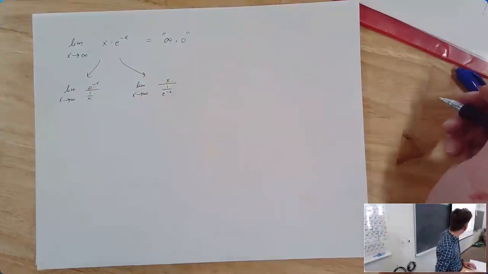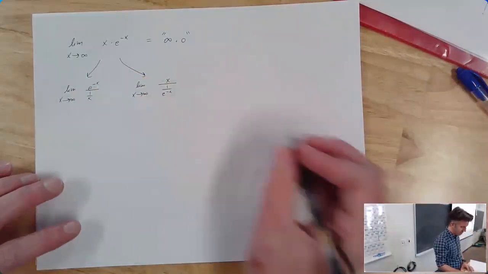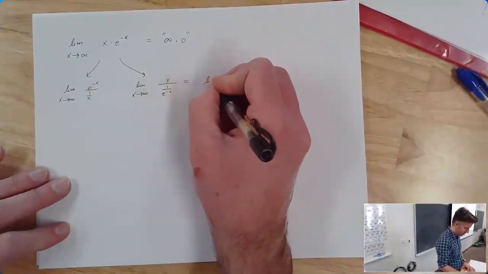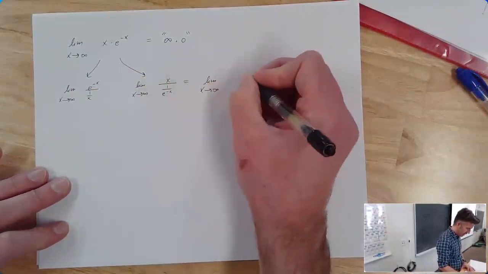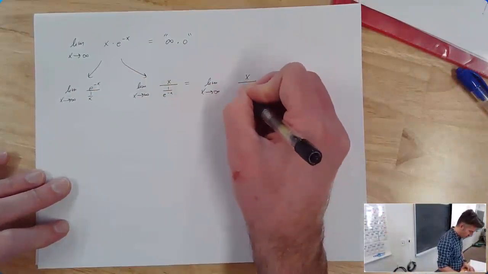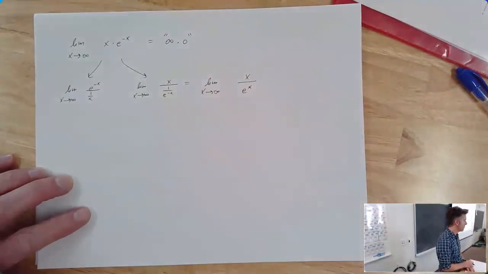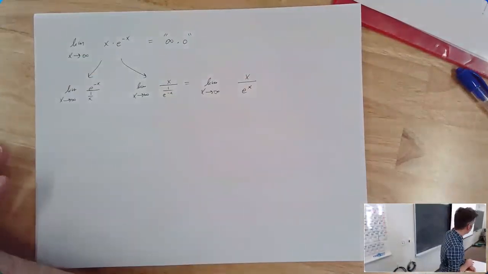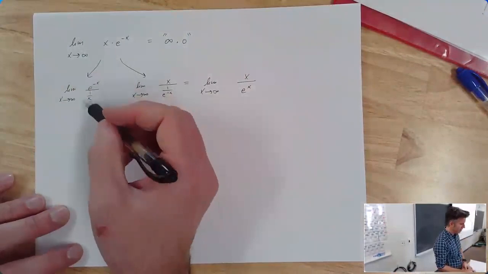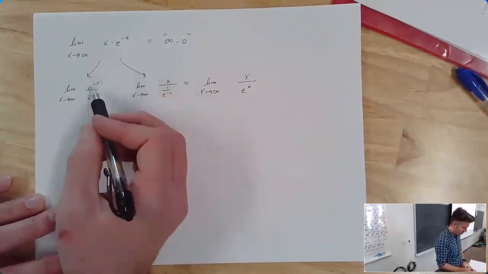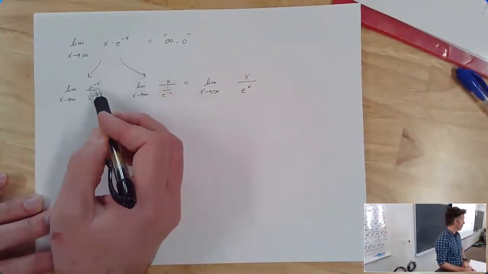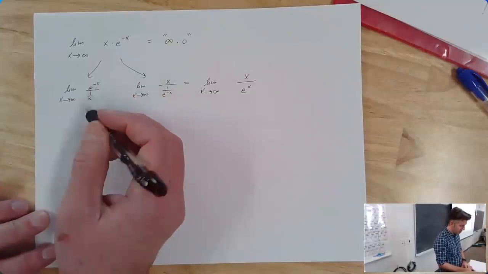Now, although the second one looks worse, it actually isn't, because we can write this as the limit as x goes to infinity of x over e to the positive x. And that's typically what we should do. You could do it the other way, but I don't think it actually works out. If you try doing it this way, it's going to get worse and worse and worse. Let me show you what I mean.